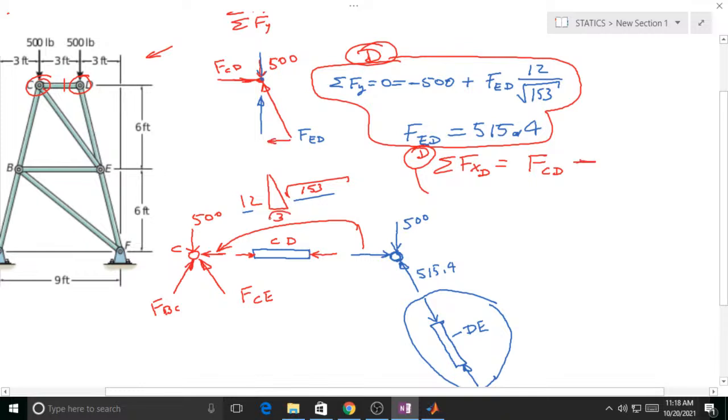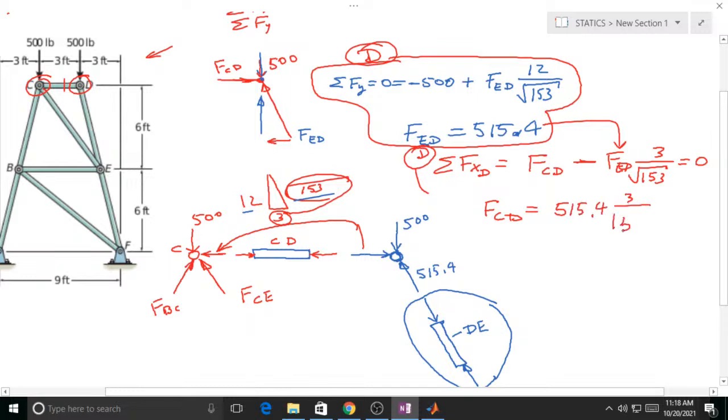Well, that component is 3 over the square root of 153, and it is FED, which actually I can stick in there. FCD would be equal to, move it to the other side, remember it's equal to 0, FCD is equal to 515.4 times 3 over square root of 153.